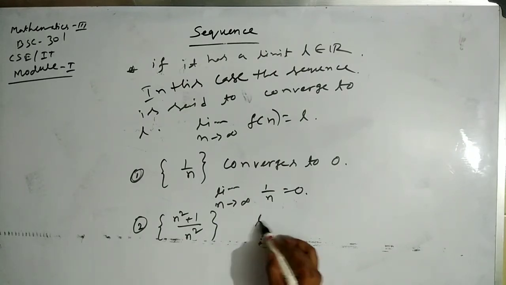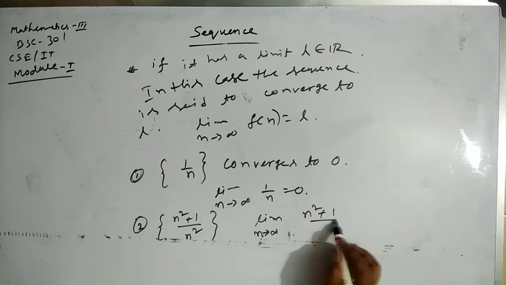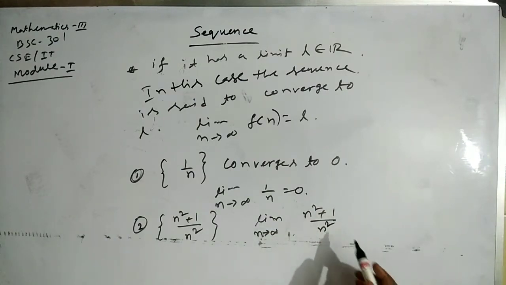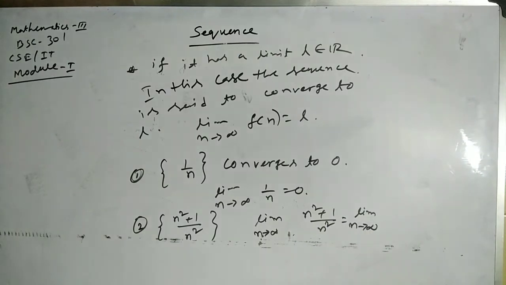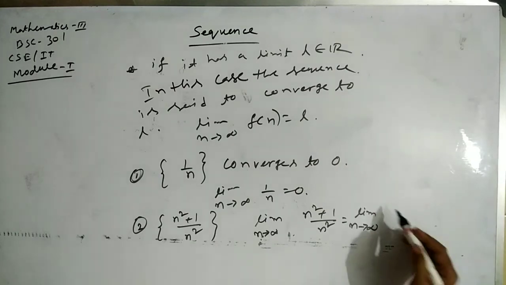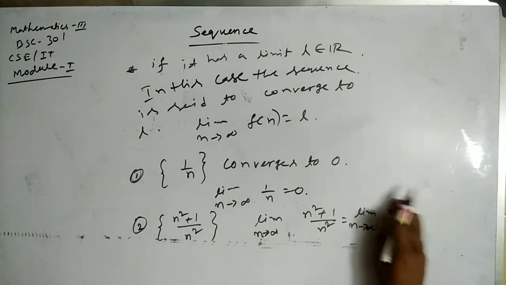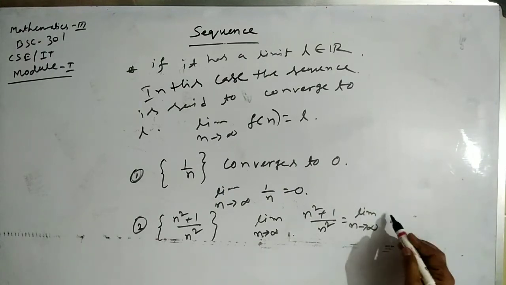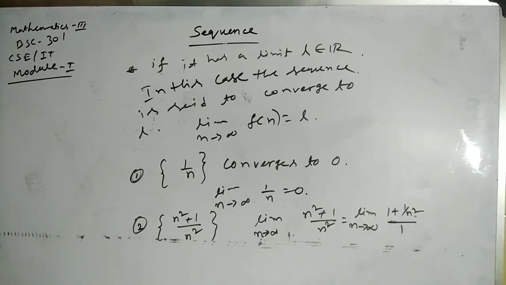Okay, so limit n tends to infinity of n square plus 1 by n square is equal to limit n tends to infinity of n square plus 1, and we are dividing by n square in the denominator and numerator, so it will be 1 plus 1 by n square by 1.